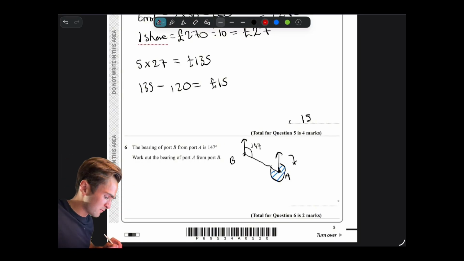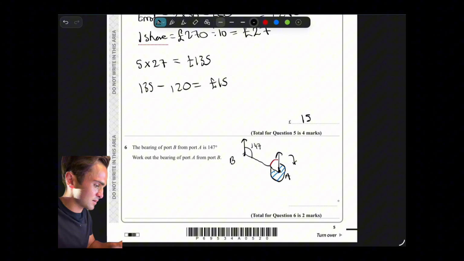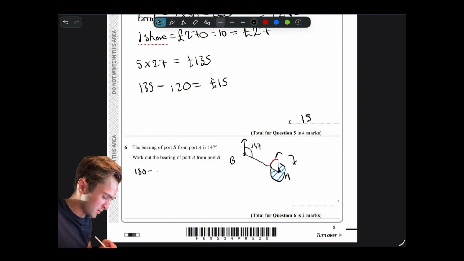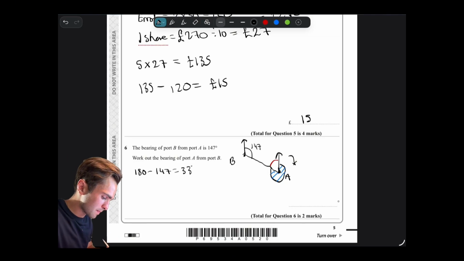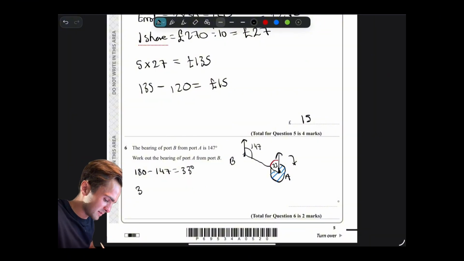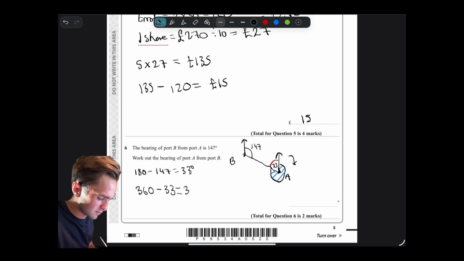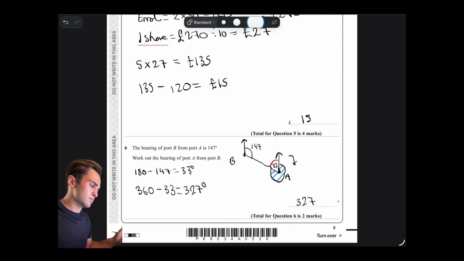So first we need to find out the red angle, which is just 180 minus 147, which equals 33. Then the angle A is 360 minus 33, which equals 327 degrees. So the answer is 327.